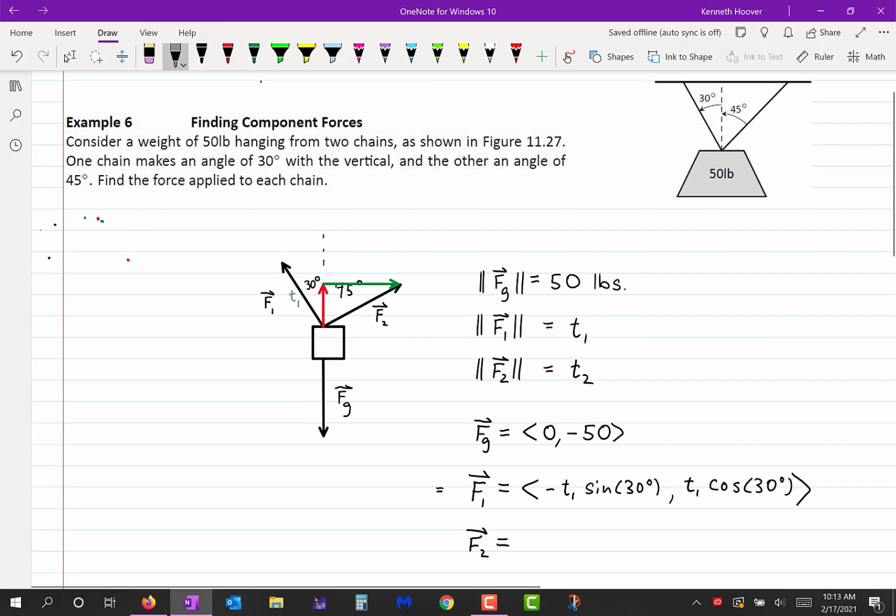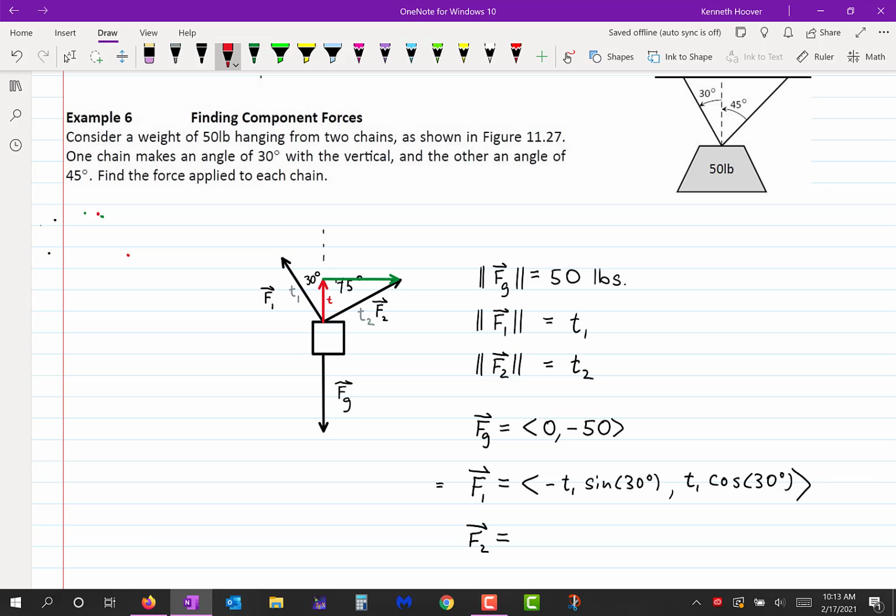The black vector has a length of T2, and that's the hypotenuse of a right triangle. The red vector would be T2 cosine of 45 degrees, and the green vector would be T2 sine of 45 degrees, just using trigonometry here.